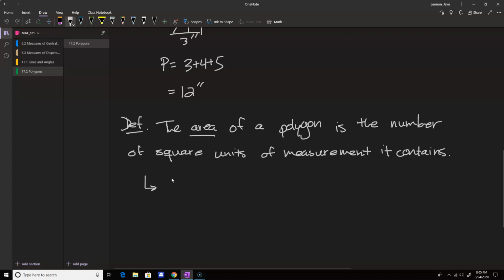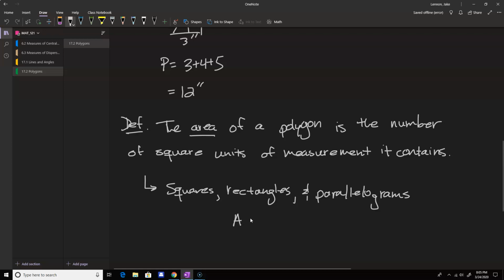So for squares, rectangles, and parallelograms, we know that the area is just equal to the base times the height.